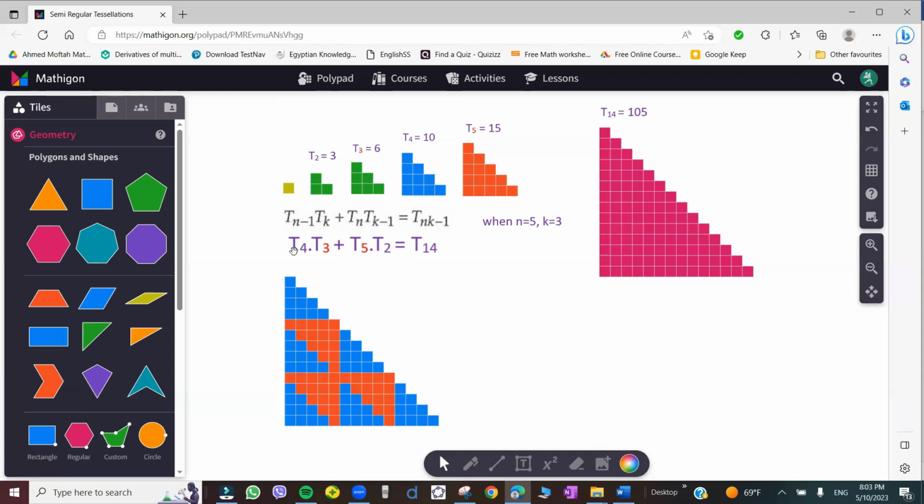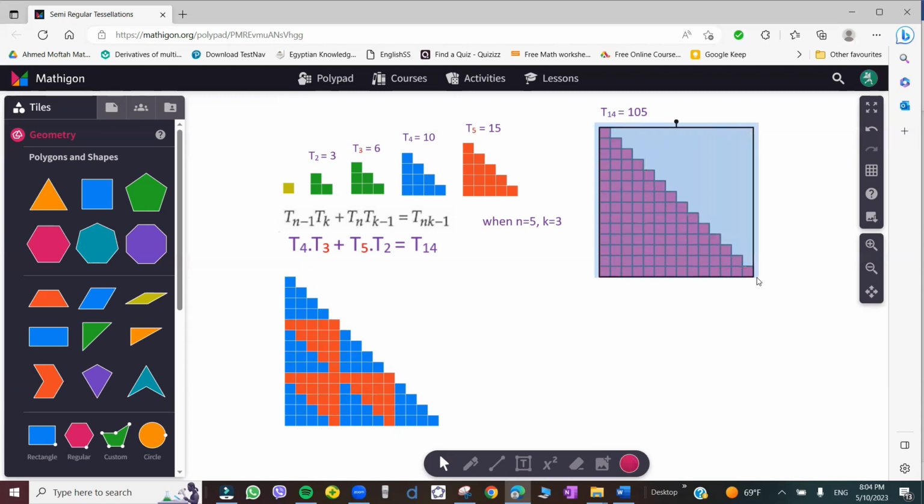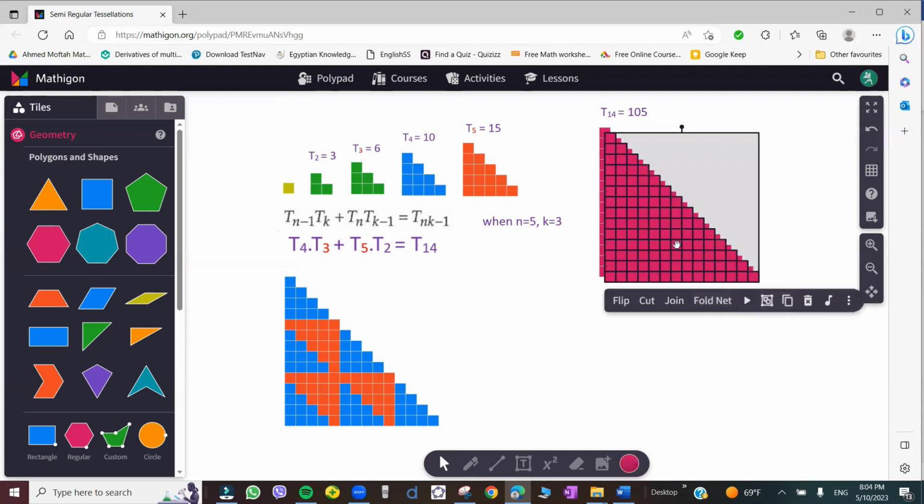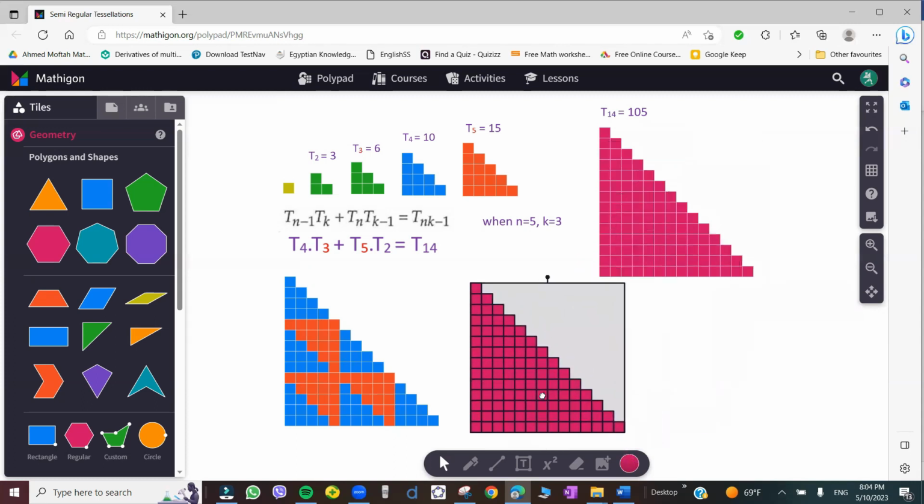Now, is the left-hand side equal to the right-hand side or not? The right-hand side is term number 14, which is 105 units. So do these red units equal the sum of the blue and orange units or not? We can verify by comparing this figure with the other figure.